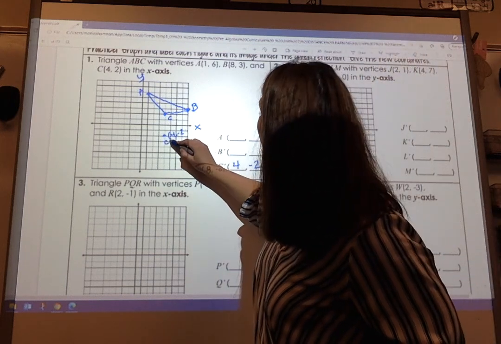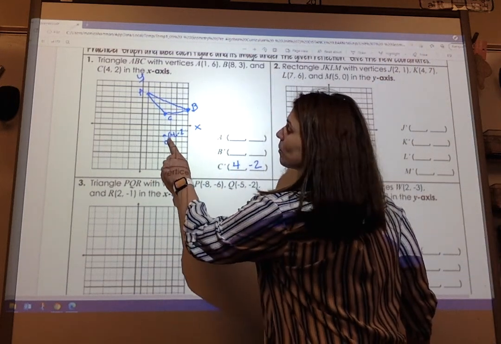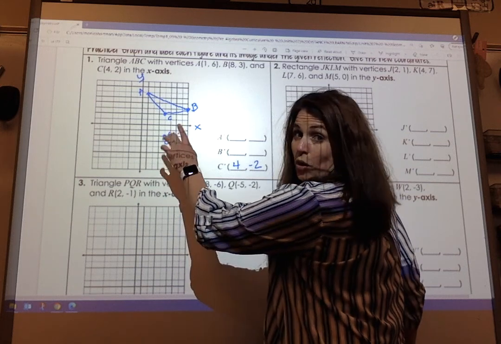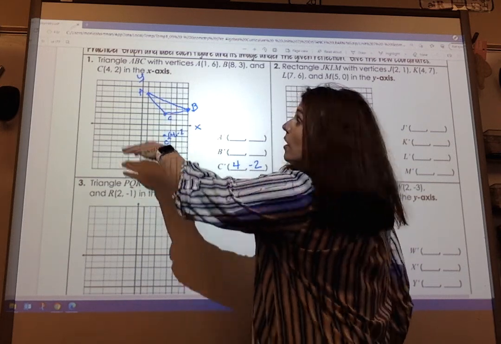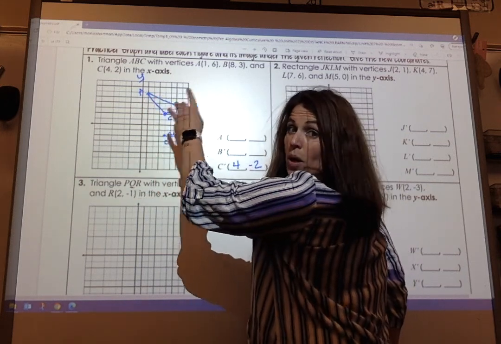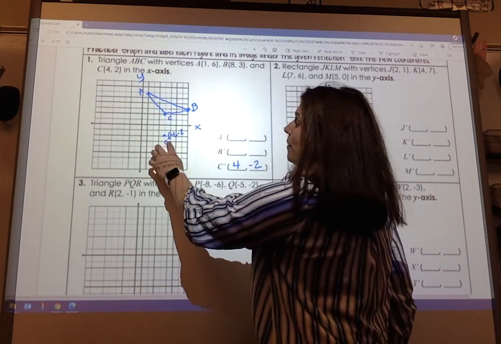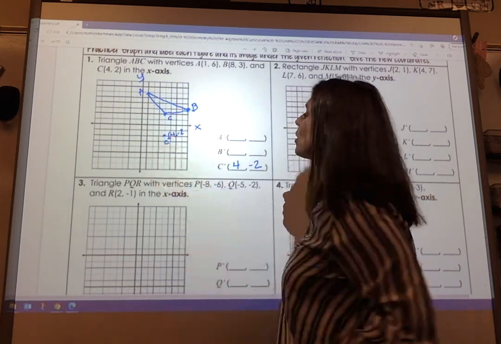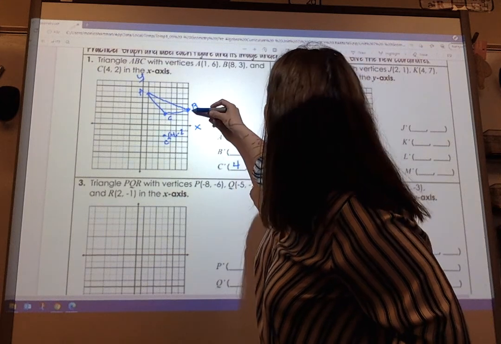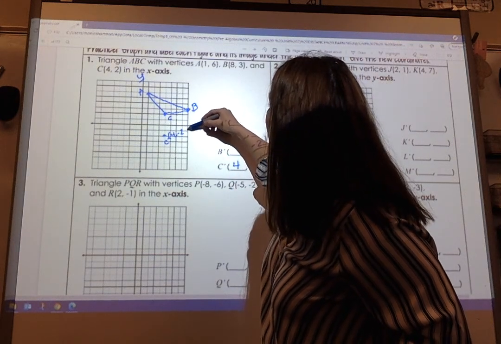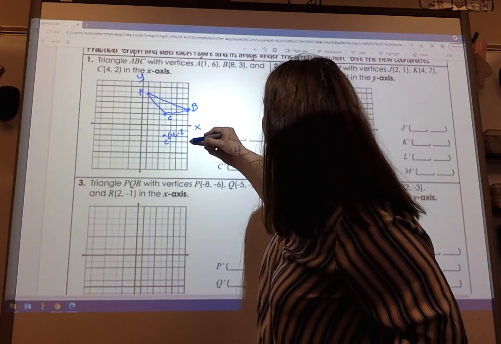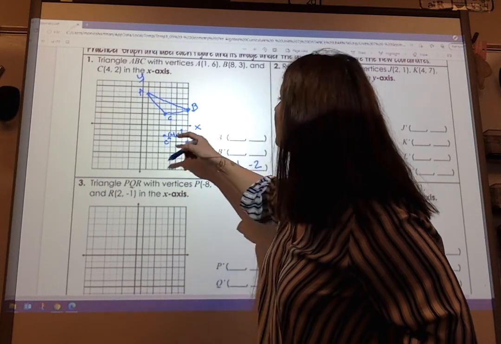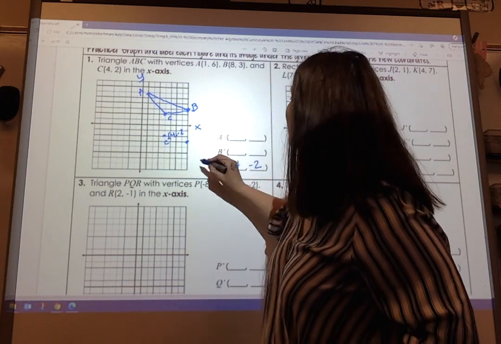Notice I'm putting this little tick mark there. So it's C with that little tick mark. That means that's my image. This is my pre-image, my original. My tick mark is the one that has my image. That's the image I'm talking about. So C with the tick mark. Now you'll notice B is 3 units up, so it's going to be 3 units down. And this point would be 8, negative 3.